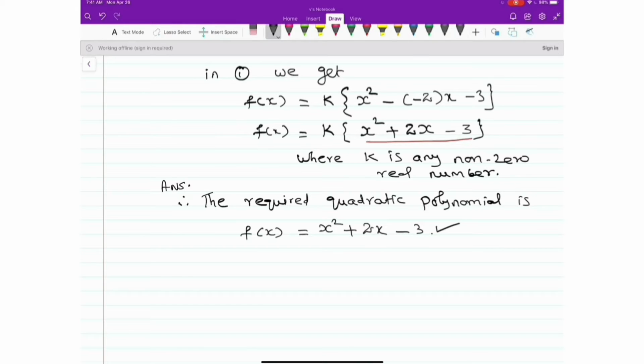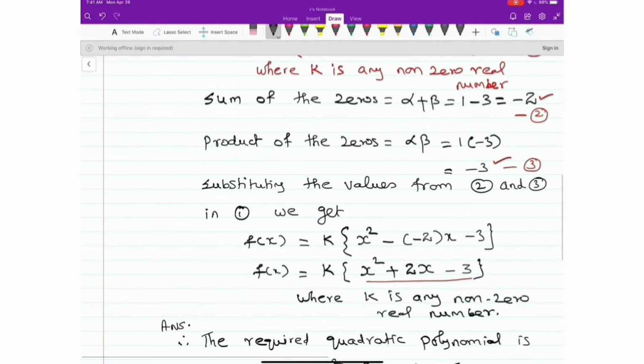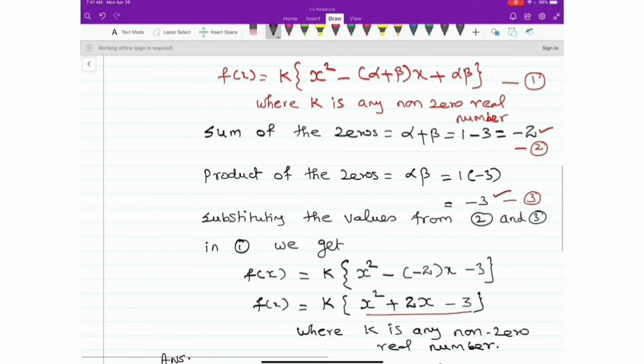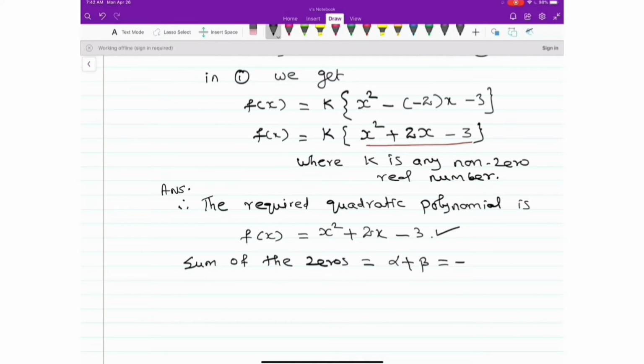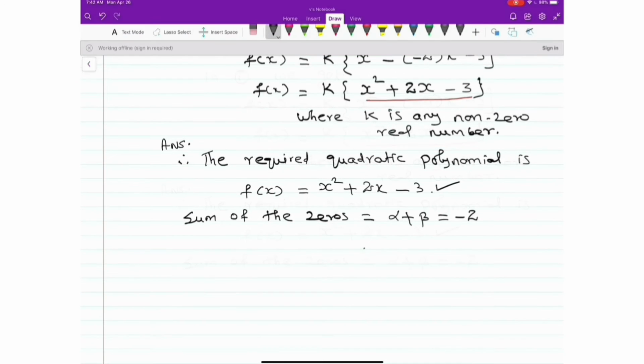Sum of zeros, second part. Sum of the zeros is equal to alpha plus beta, is equal to, you know, alpha plus beta is minus 2 and alpha beta is minus 3. So, let me write over here alpha plus beta is equal to minus 2. I can write this as minus 2 by 1.